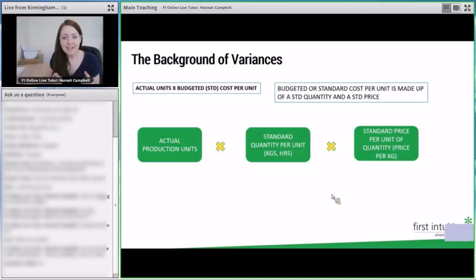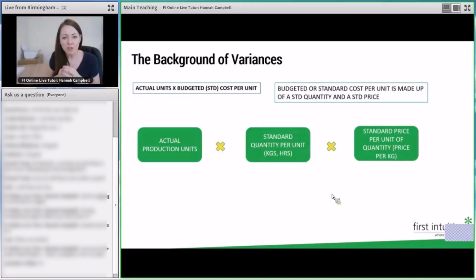Now, by breaking it down, this allows us to figure out why we've got the variance. Is it because of efficiency reasons, so we're looking at the quantity, or is it because of the price that we've paid? Maybe we didn't negotiate very well. But if we don't break the variance up, we only have a very basic understanding of how we've performed as a business.